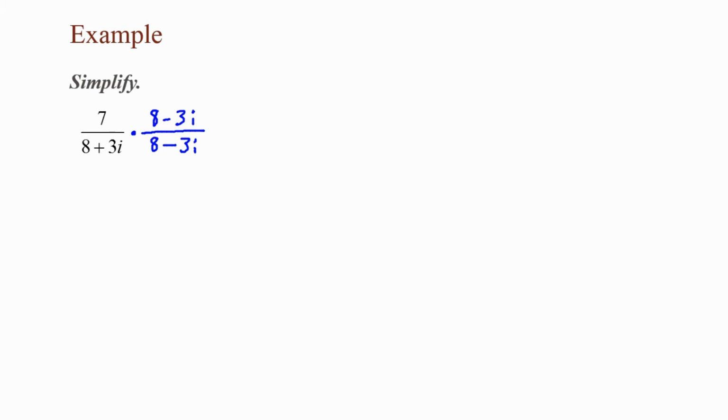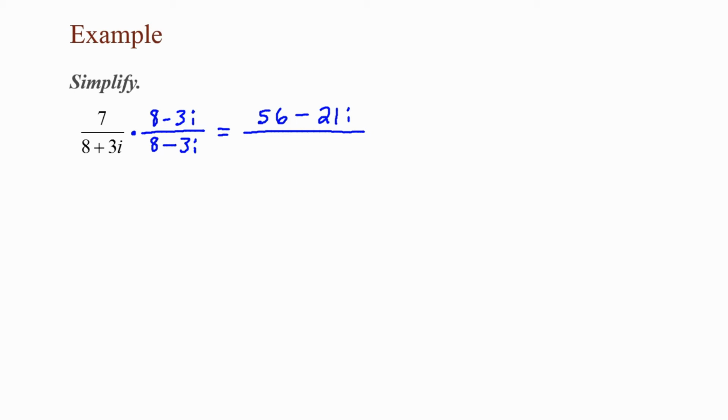So I am multiplying by the complex conjugate of the denominator divided by the complex conjugate of the denominator, which equals 1. I need to distribute my 7. 7 times 8 is 56, minus 7 times 3i is 21i. This is over 8 plus 3i times 8 minus 3i.